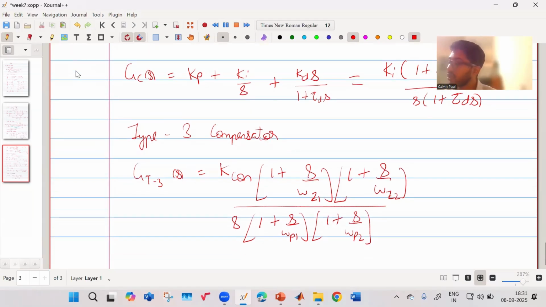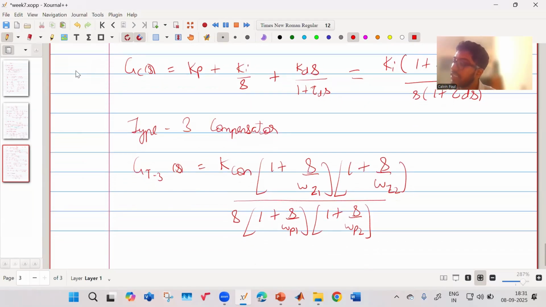So it is the generalized form, and the PID controller is a special case of the type 3 compensator. If we set one pole to be infinite in a type 3 compensator, then you will get a PID controller structure. This is used when we have a practical boost where we want to compensate for the effect of the ESR, the equivalent series resistance zero.